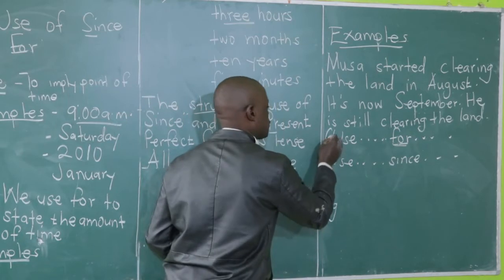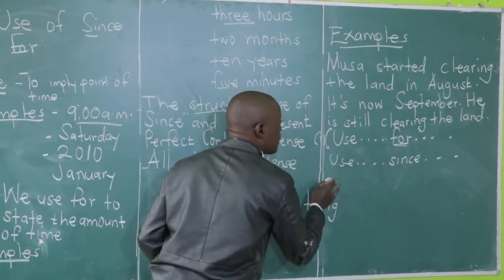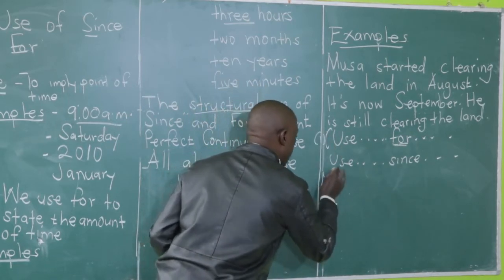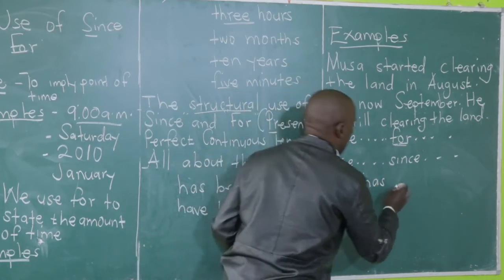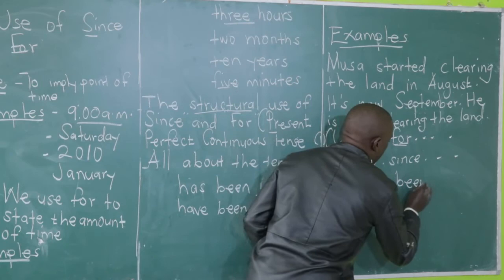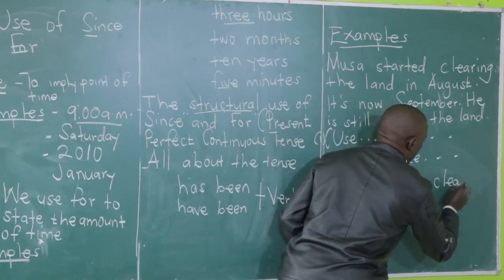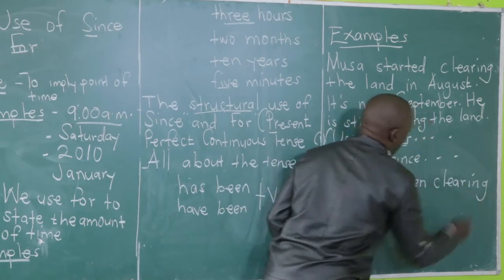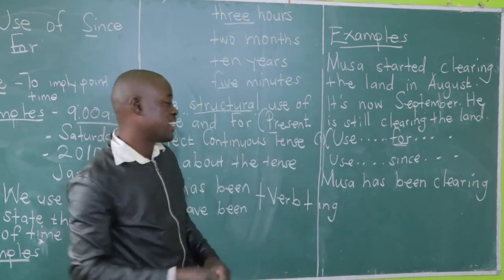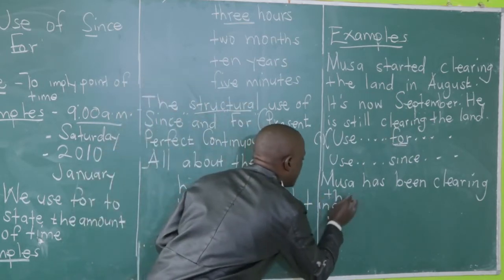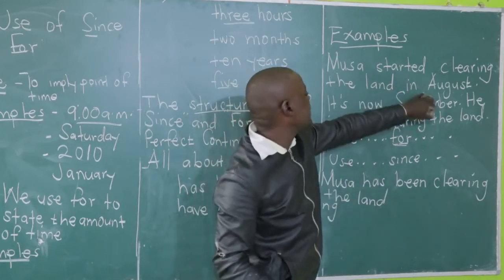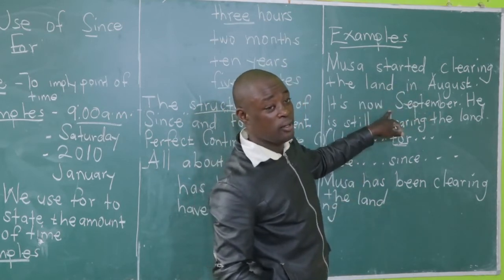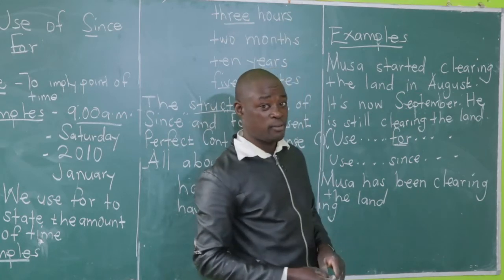So the answer for instruction 1 would be: Musa has been clearing the land. What's the relation between August and September? Obviously, that's 1 month.